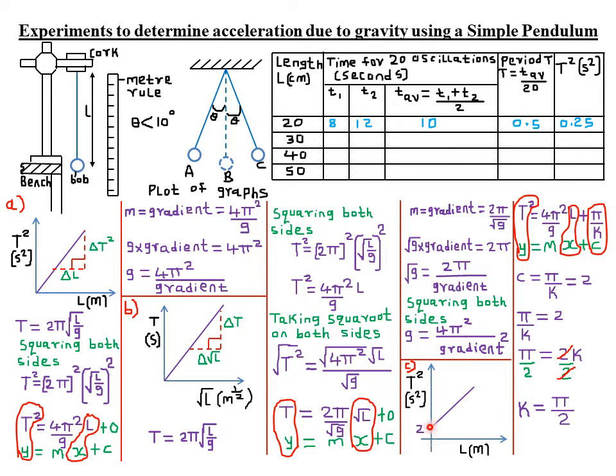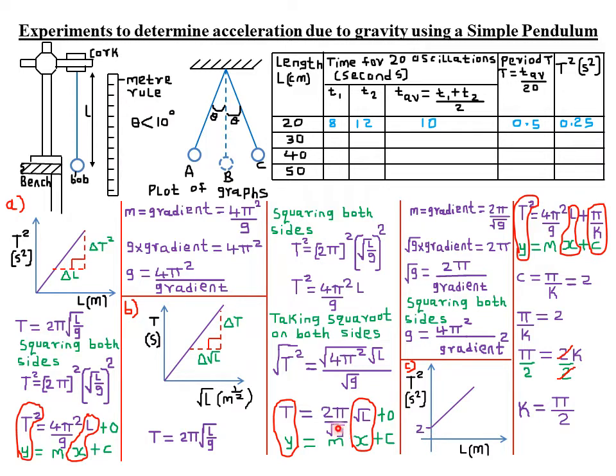But if your graph is cutting through at a certain point on the y-axis, at a point which is not 0, 0, for example, at a point 2, then it means in that case, your value of c will not be 0. For example, here, if you are given the equation T squared equals 4 pi squared L over g plus pi over k, where pi over k will always be the value on the T squared intercept or the y-intercept.